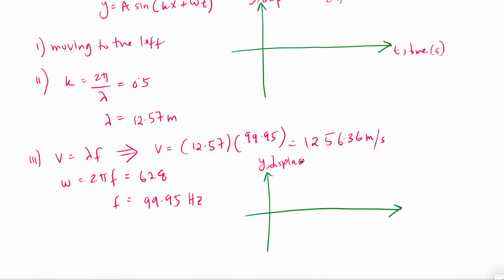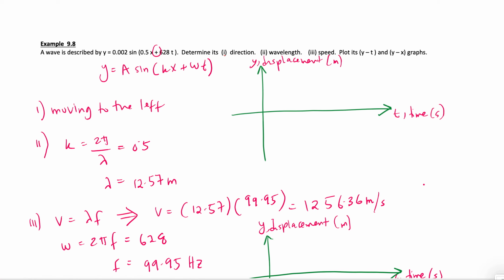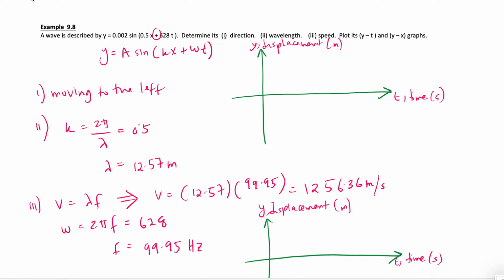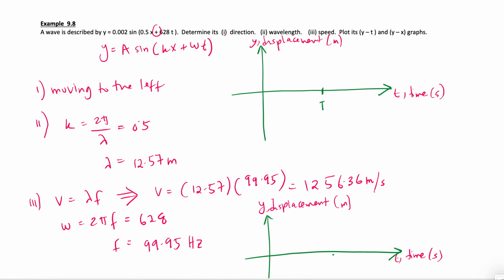And then I know that my lambda is 12.57. So this is two lambda.